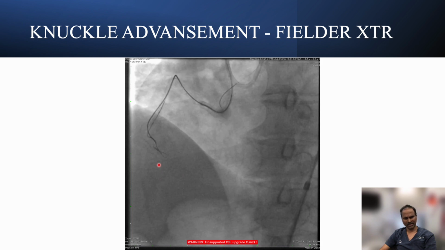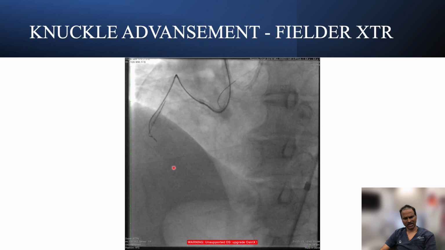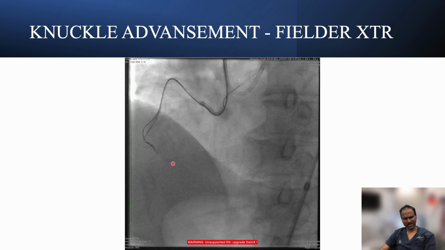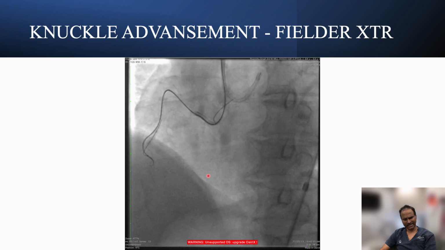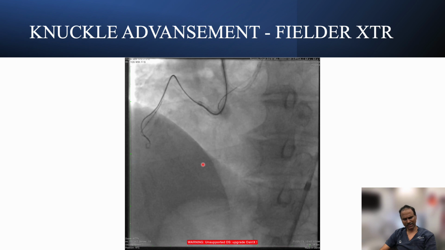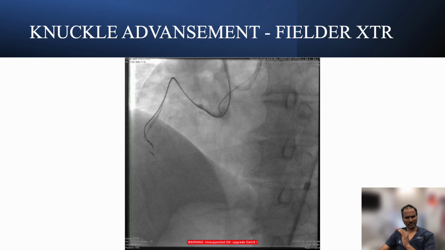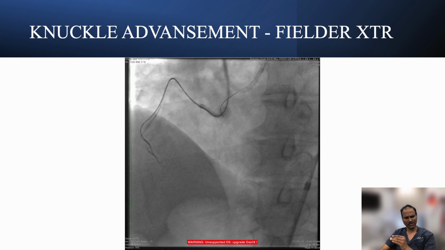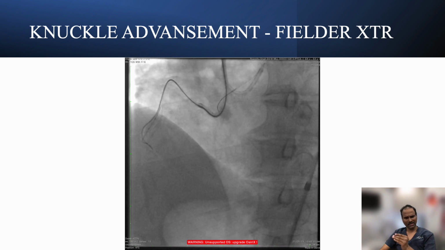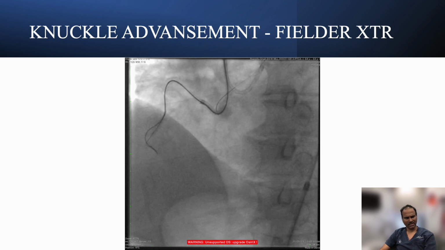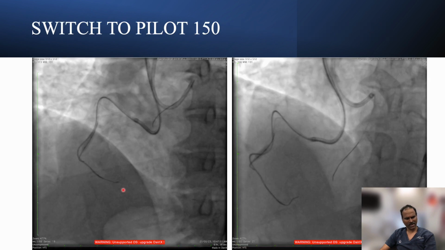So you can see here, we are advancing the knuckle. In this case, we could advance the knuckle up to this segment where the loop was, but I couldn't really cross the loop, but we understood the location of the loop with the knuckle in this patient. We advanced the microcatheter till then, and then we took a pilot again, just to explore and understand the vessel loop.